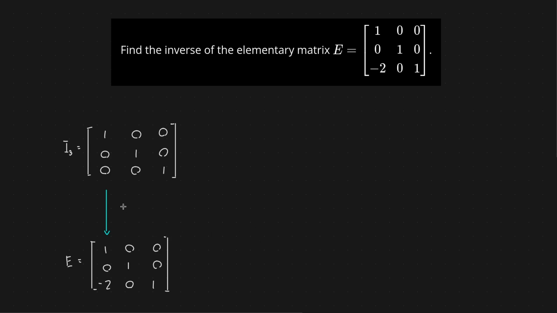In this case, it's going to be -2 times row 1 plus row 3 is my new row 3. All right. So now that we have that information, we could think about what would be the inverse elementary row operation. In fact, let me write this on the other side.